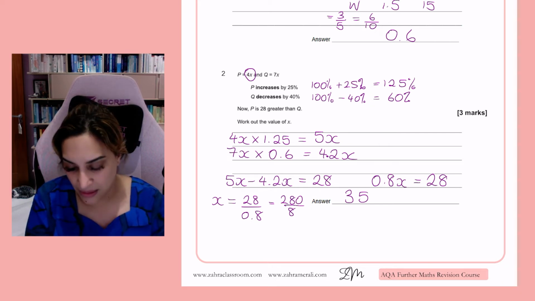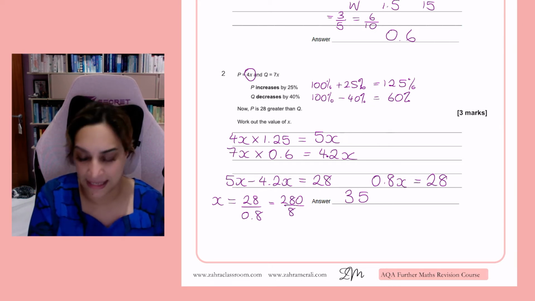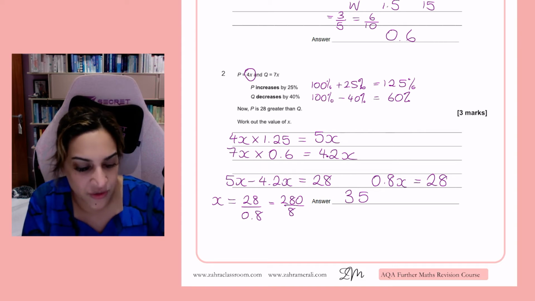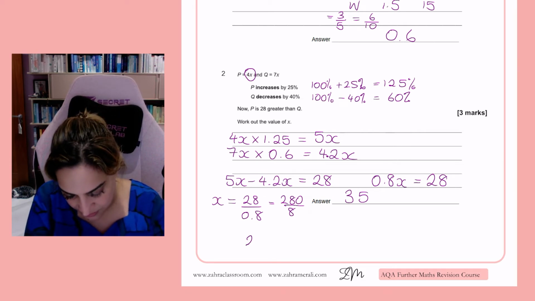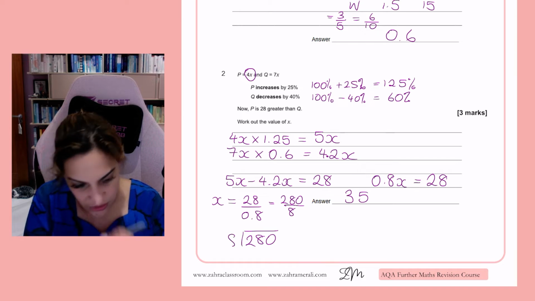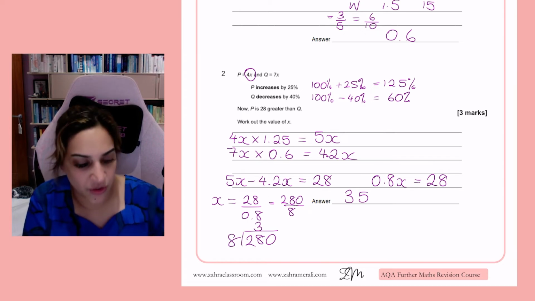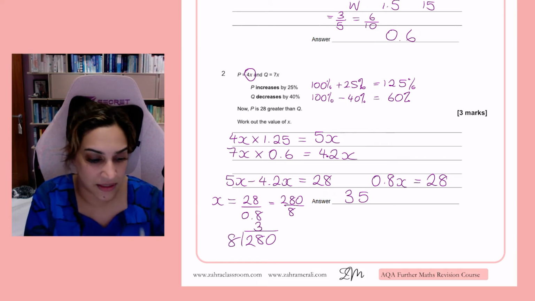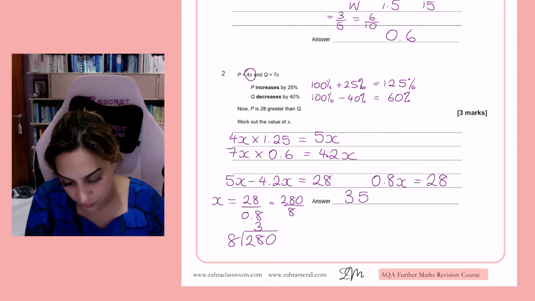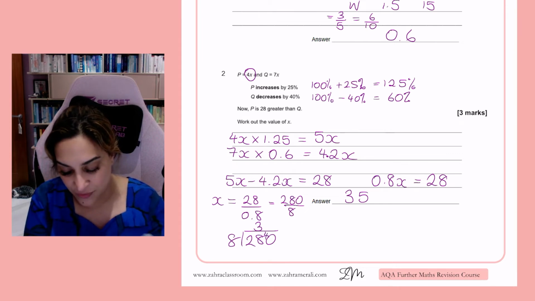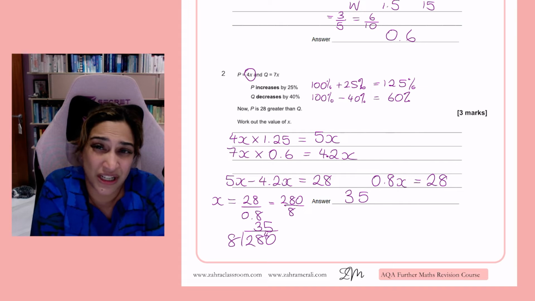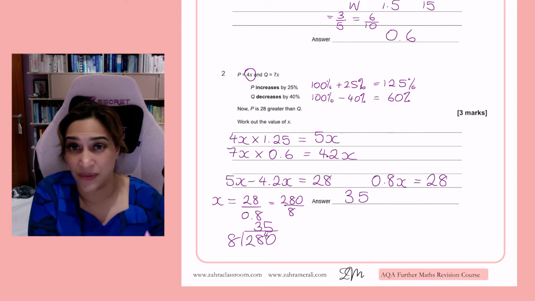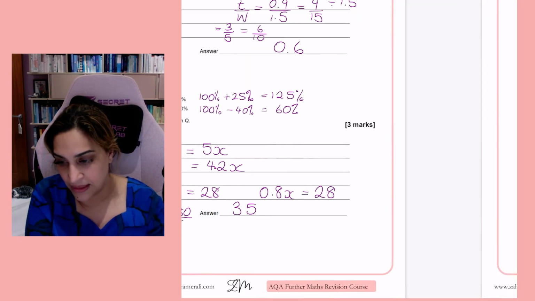Let's do this properly, as opposed to me just showing you. 28 divided by 8: we get 3. 3 times 8 gives us 24, so we've got 4 left. 8 into 40 is 5, and we get the 35. Double checking you're happy with the arithmetic, because you do have the non-calculator paper there.